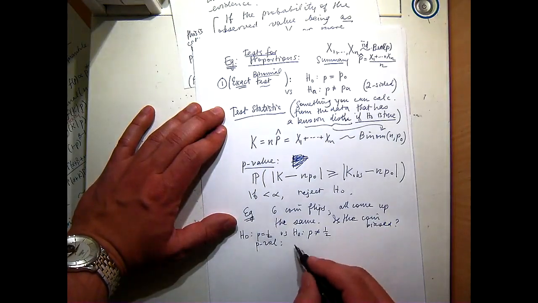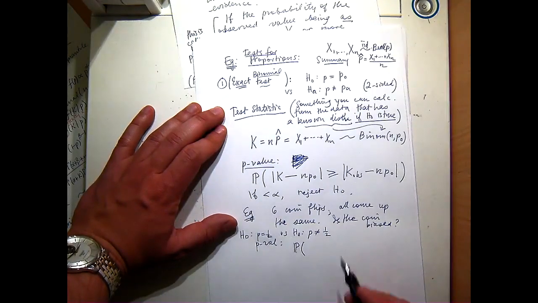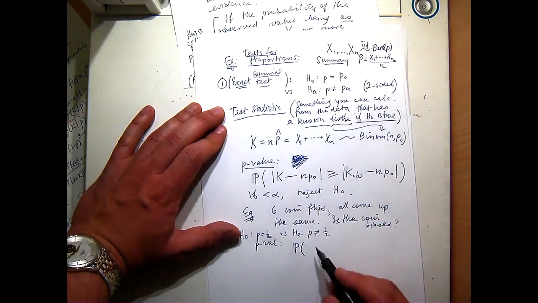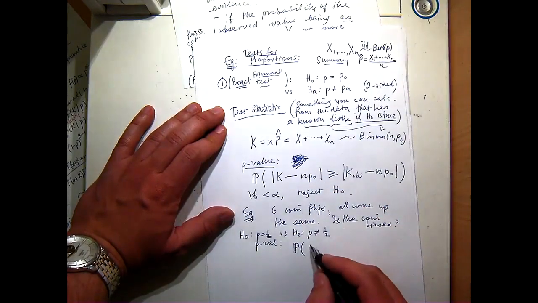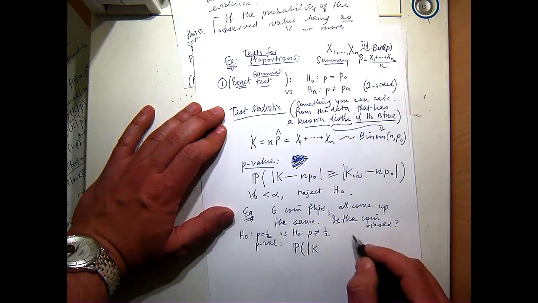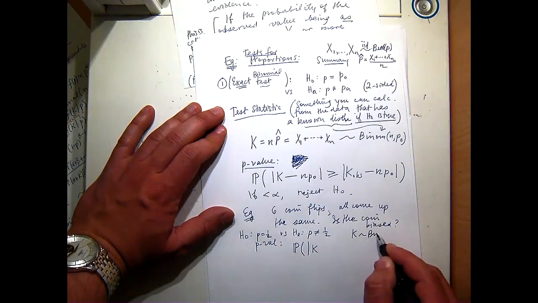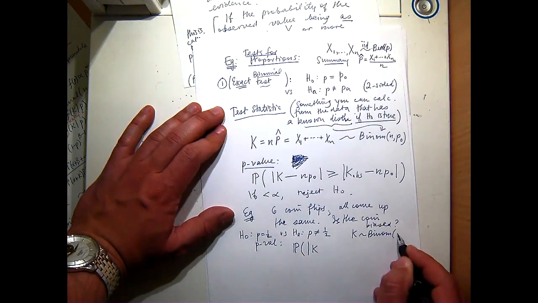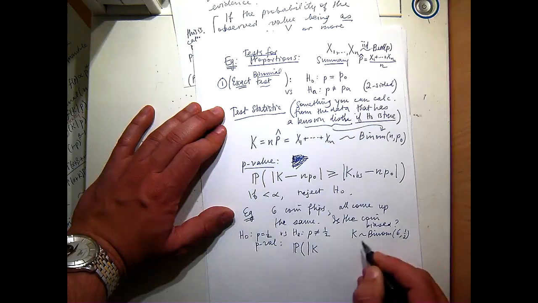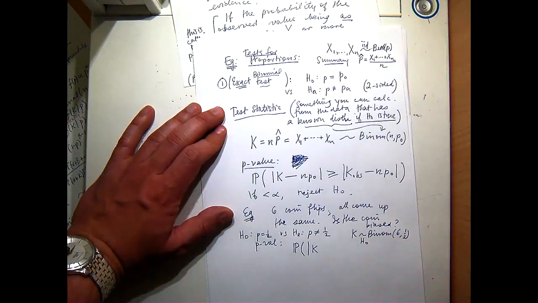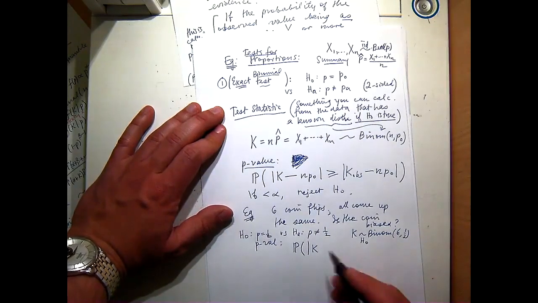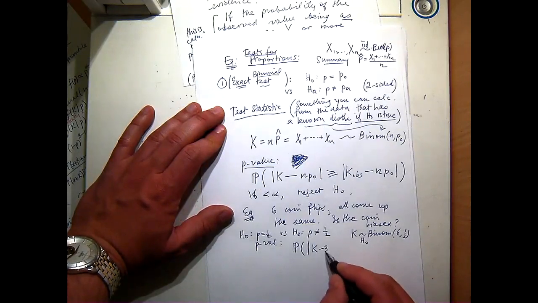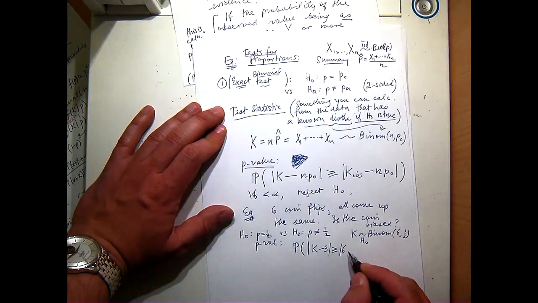The p-value is the probability that observed... So k is binomial 6, 1/2. And I'm giving the null hypothesis distribution. That's what's relevant for the p-value. So under the null hypothesis, k minus 3 is greater than or equal to 6 minus 3.